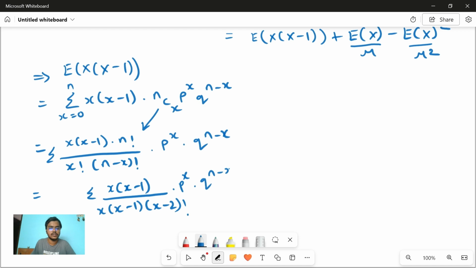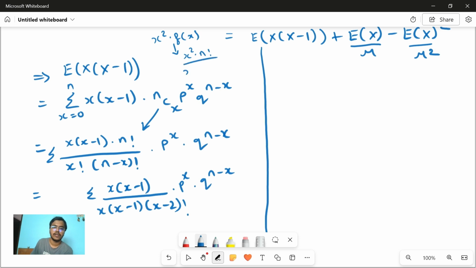Now do you understand why I did this here? In the previous step, when we were calculating the mean, it was just X, so you could have cancelled it easily with X into X minus 1 factorial. But here, if you directly did E of X square, you would do X square into f of x. Instead of expanding, X square will be there, with n factorial by x factorial into n minus x factorial.